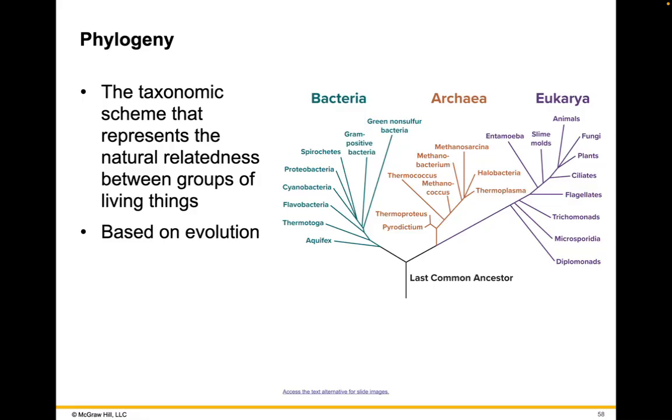Now, phylogeny is the taxonomic scheme that represents natural relatedness between groups, and it is based on evolution. And so you can see that our last common ancestor, whatever organism this was, gave rise to bacteria, archaea, and eukarya, they believe, based on genetic and morphological studies.